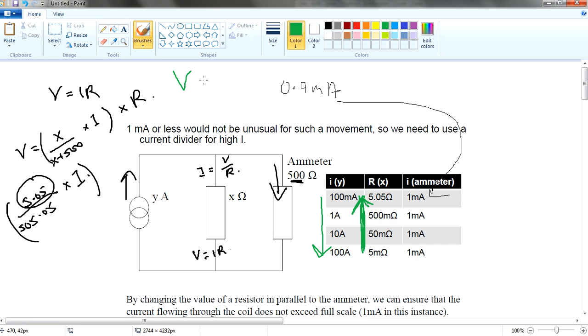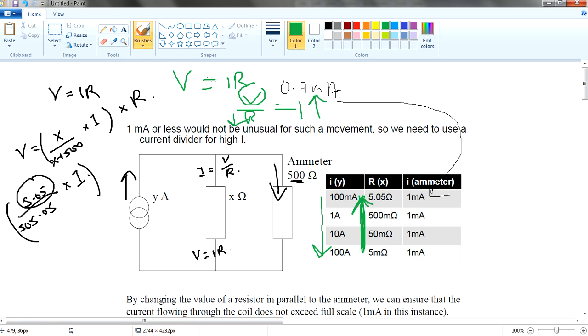Why? Because V is equal to IR, and then V over R is equal to I. So if your current increases, definitely if the voltage is constant, right? If the current increases, your resistance is going to decrease in order to keep the voltage constant.